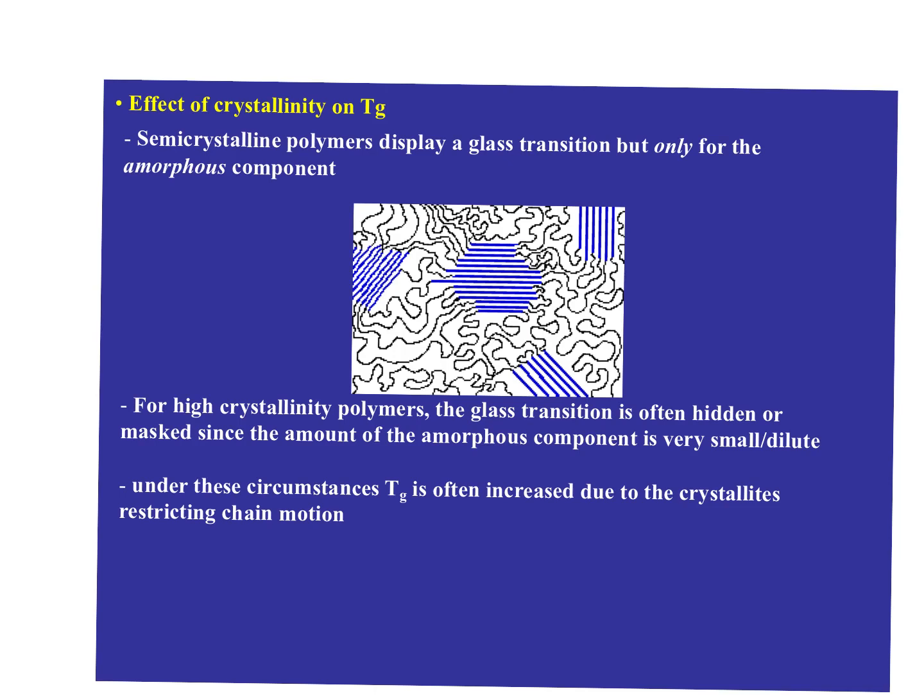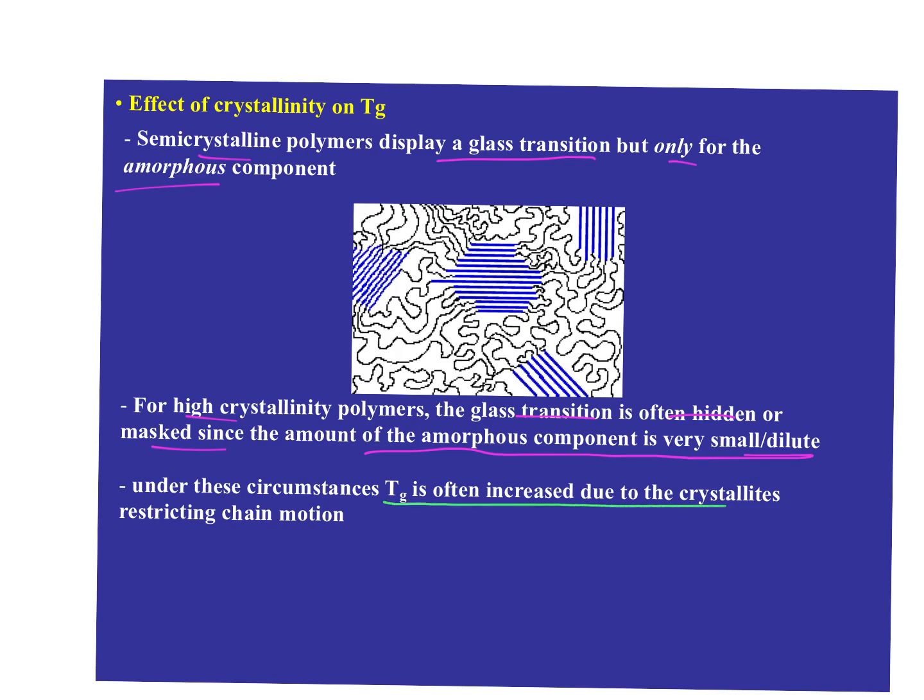Not so easily spotted sometimes because TG, as I said, can be kind of weak, and you add in crystallinity, meaning that the amount of amorphous content is much lower, then it becomes hard to see. But it should make sense to you that semicrystalline polymers display glass transition, but only for the amorphous component. For high crystallinity polymers, the glass transition is often hidden or masked since the amount of the amorphous component is very small.